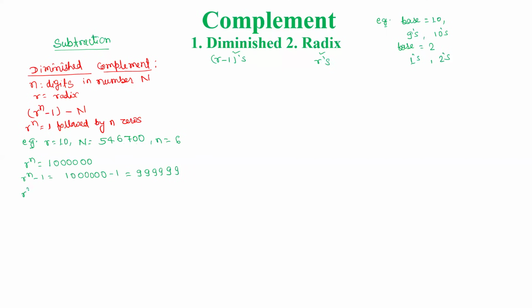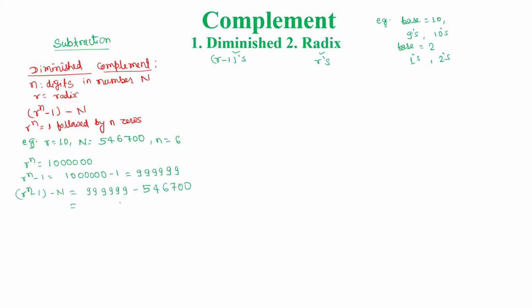Next, what is the expression? R to the power n minus 1, overall minus N. So 999999 is there, and from this we are going to subtract capital N. The value of capital N is 546700.